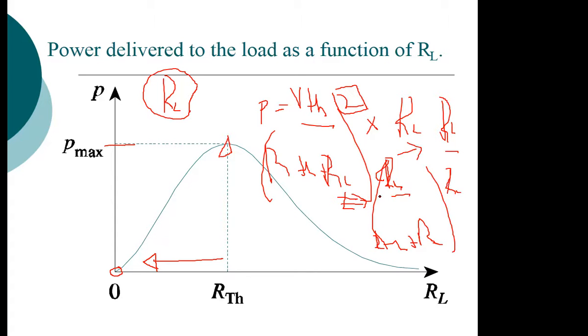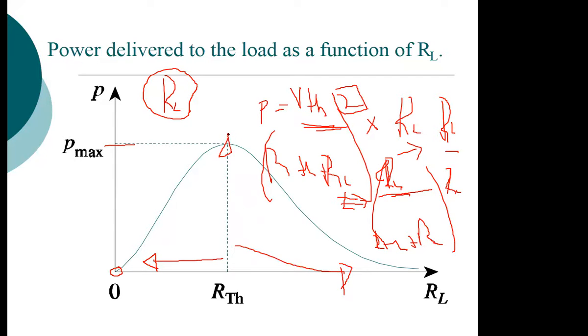Meaning to say, when RL becomes too large compared to R Thevenin, this ratio approaches 1, and then it will almost equal V Thevenin squared, right? So the power will also start to decrease.